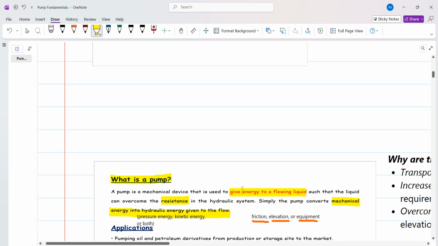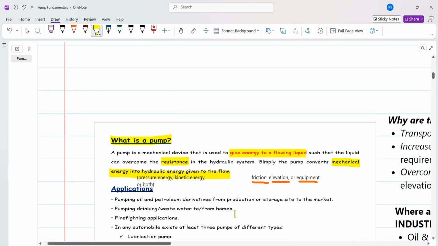We discussed in the previous lecture what a pump is. It is a mechanical device used to give energy to flowing liquid in such a way that the liquid can overcome resistance. What resistance? Friction, elevation, or equipment resistance in a hydraulic system. In simple words, the pump converts mechanical energy into hydraulic energy given to the flow.